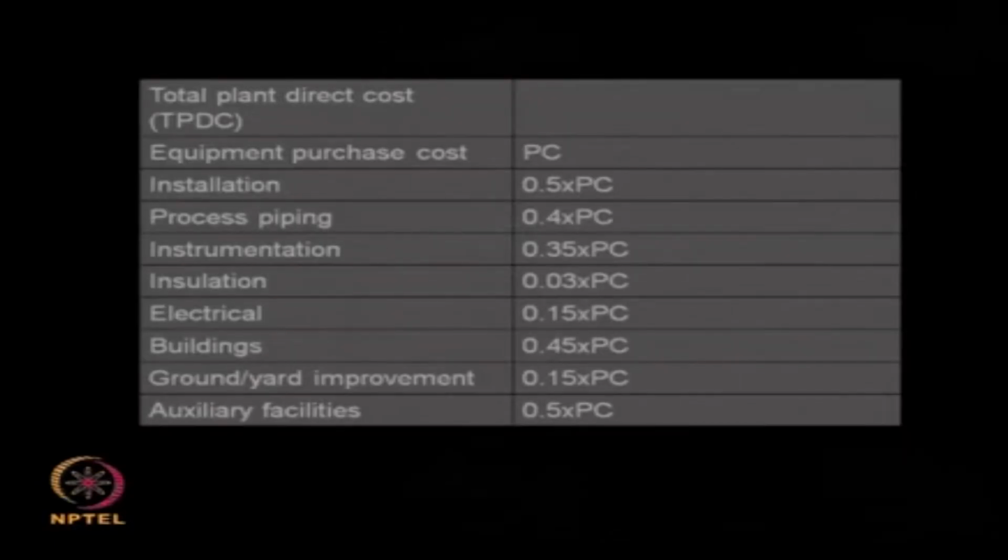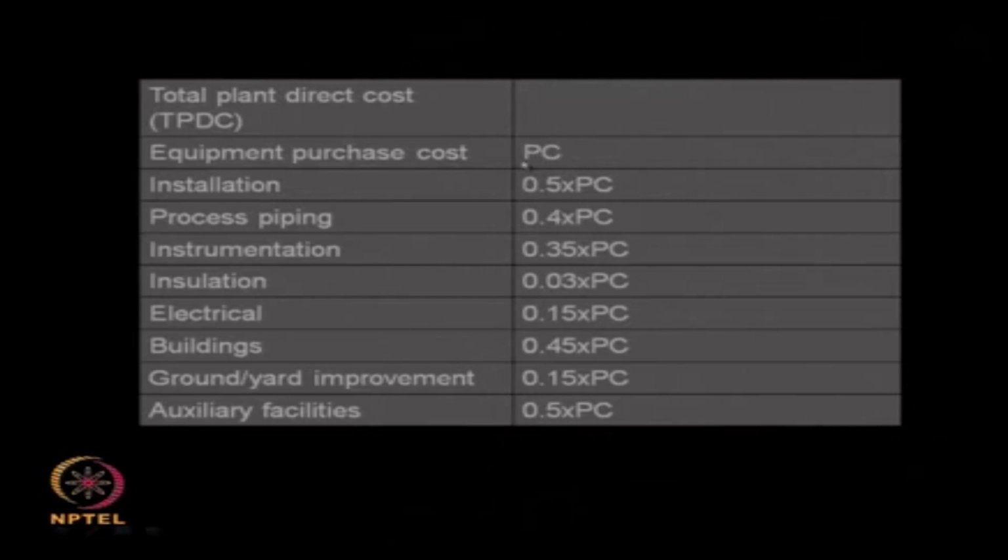So look at this table. If your equipment cost is say PC, then the cost of installation, piping, instrumentation, insulation, electrical, building, yard improvement, even auxiliary facilities, all of these are somehow related to the actual cost of the equipment. This just gives you a ballpark figure, it is not exactly the number.